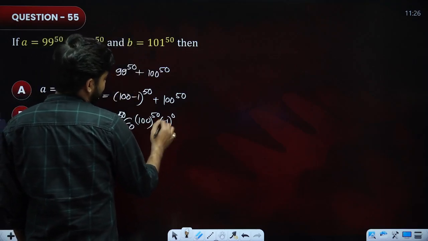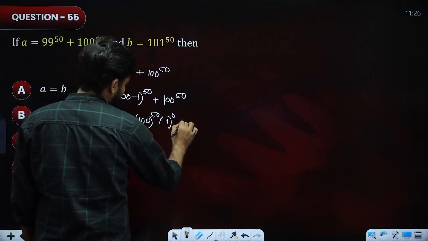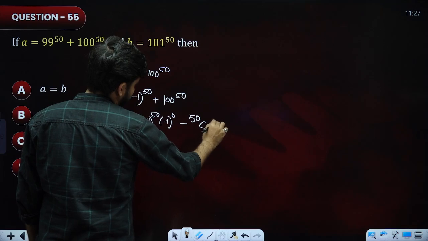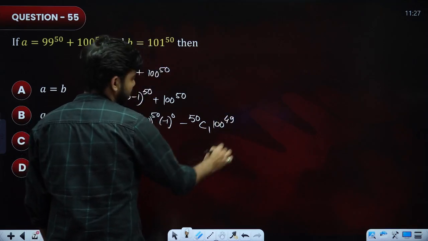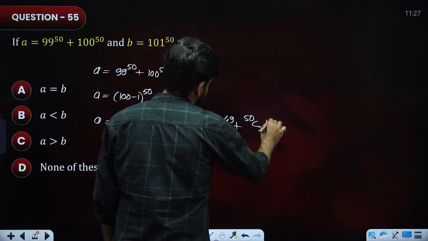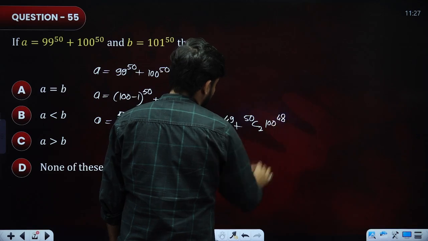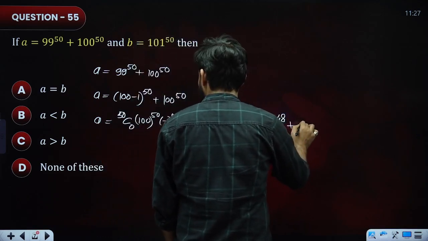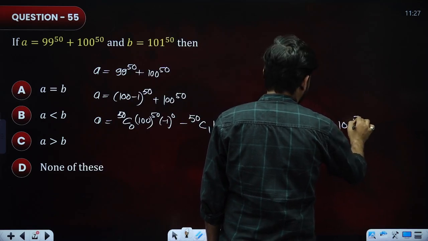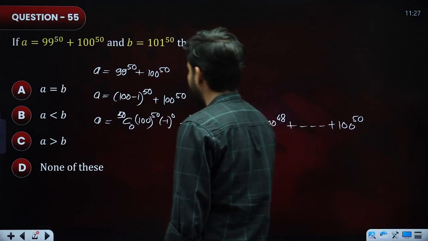Then if I take minus 1 power 1, that's how we get the minus sign over here, and 50C1, 100 power 49. After that we get a plus sign, 50C2, 100 power 48, and so on, plus 100 power 50 over here. Okay.